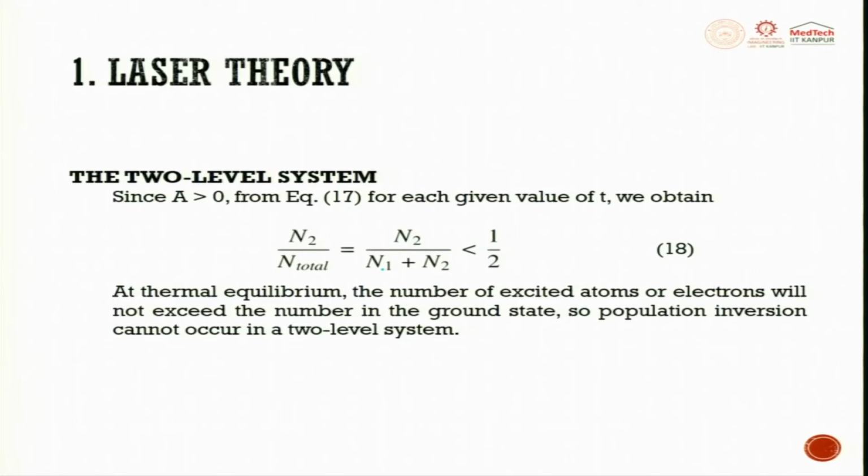You can see N2 is less than half of N1 plus N2. At thermal equilibrium, the number of excited atoms or electrons will not exceed the number in the ground state. So population inversion cannot happen. Population inversion is a term we generally use very liberally, but there is a lot of science behind it. I am just trying to bring all those things to your knowledge.